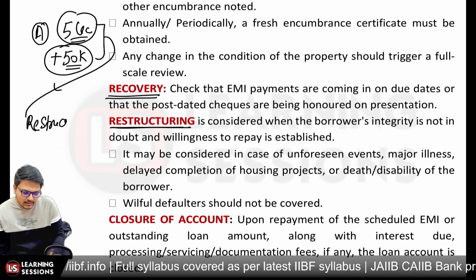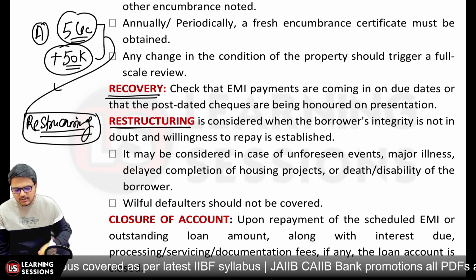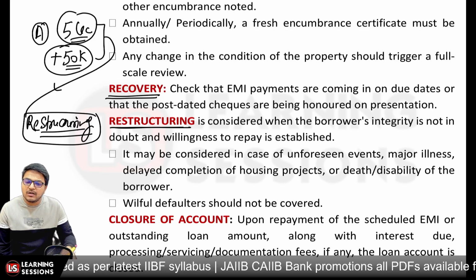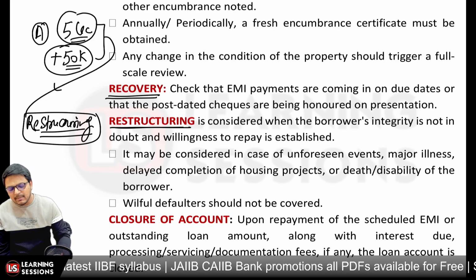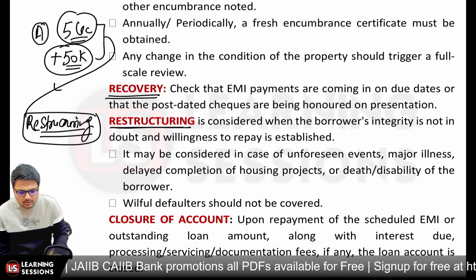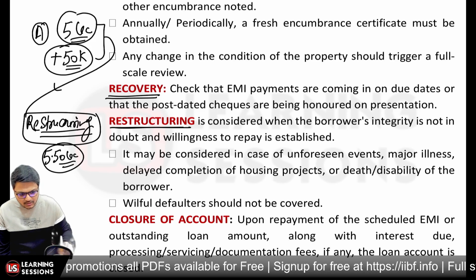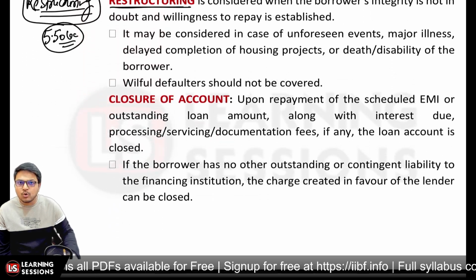We'll be restructuring the loan, and the EMI now will be created as a mix of these two components, right? In this case, the new EMI will be based upon 5.5 lakhs. Okay.